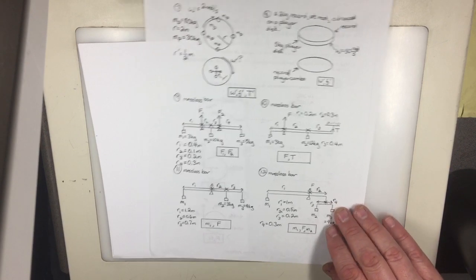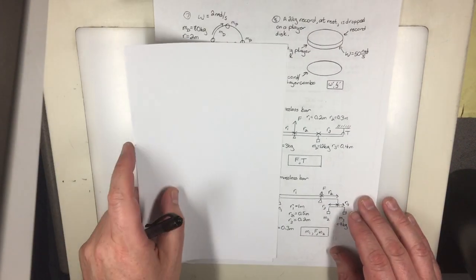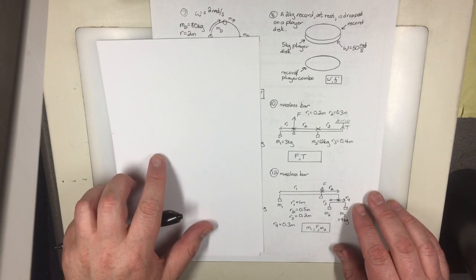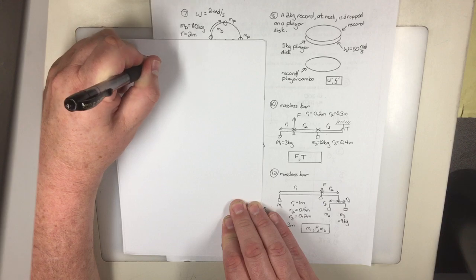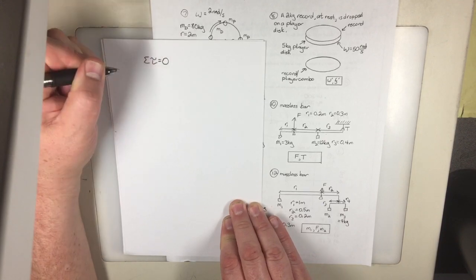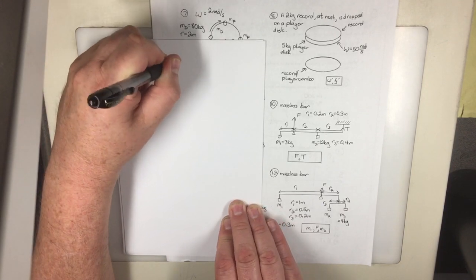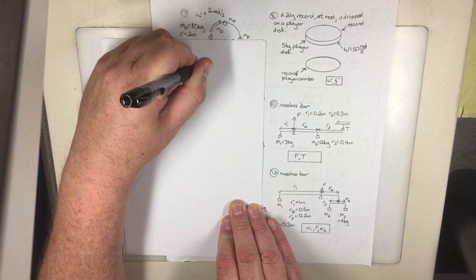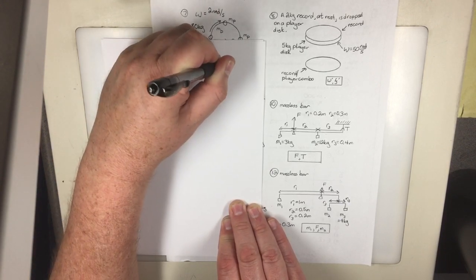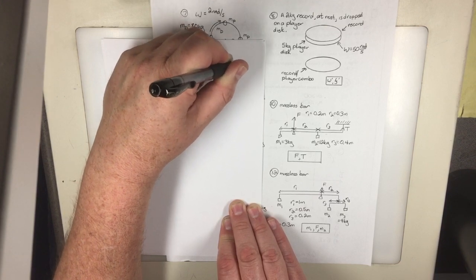So what I can first do is find M2, because I know that the sum of the torques about that point is 0. M2GR3 and M3GR4.